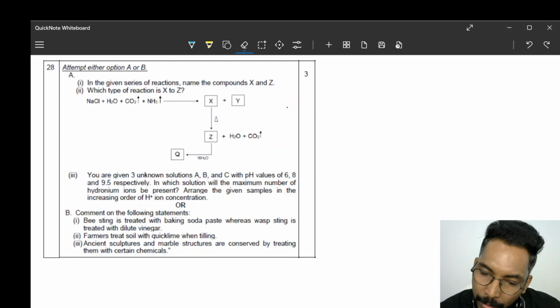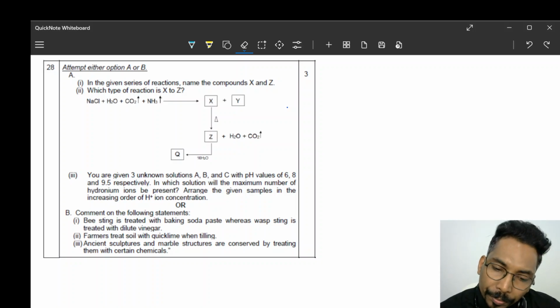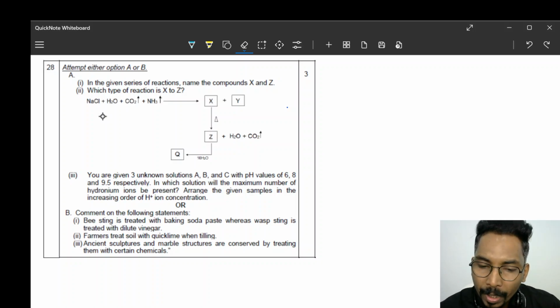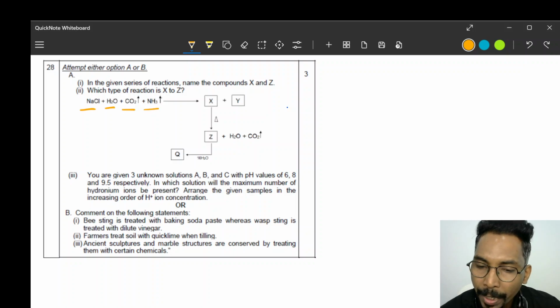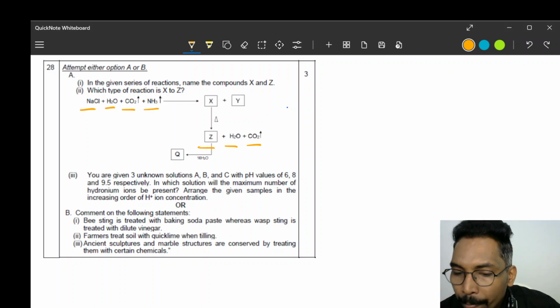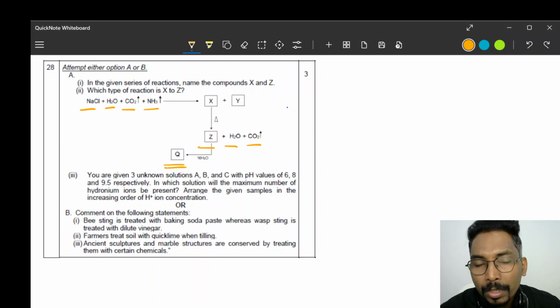So first one, NaCl plus H2O plus CO2 plus NH3 gives X plus Y. That X on heating gives you Z plus H2O plus CO2, and that Z plus 10H2O will give you a compound Q.